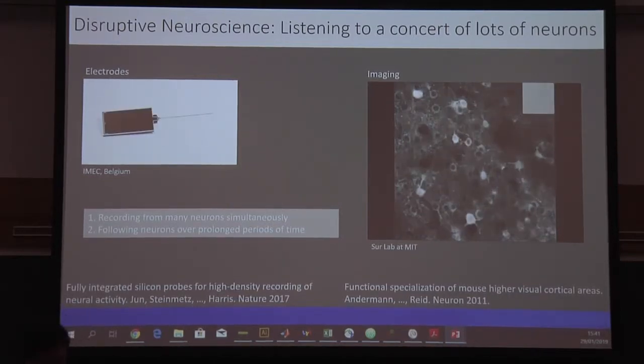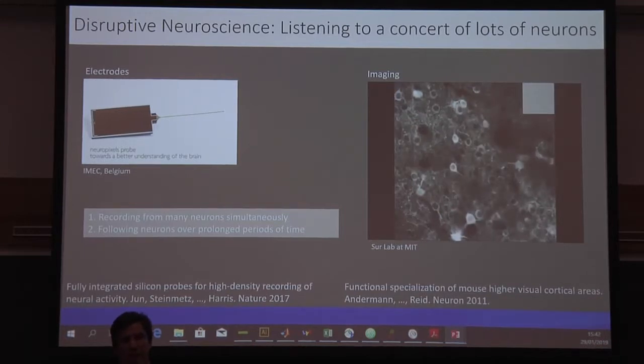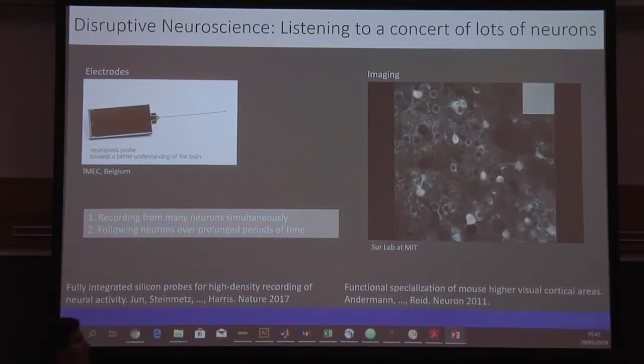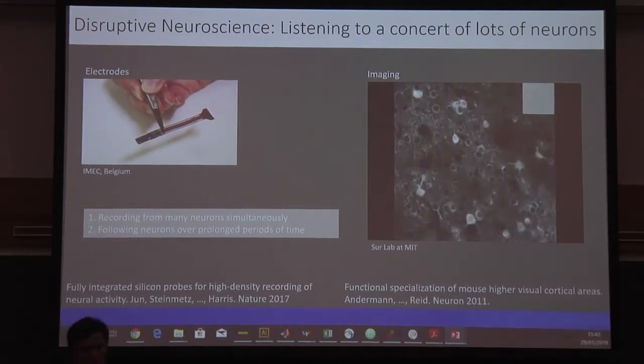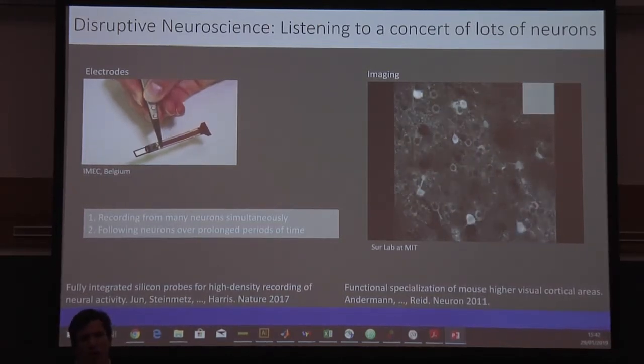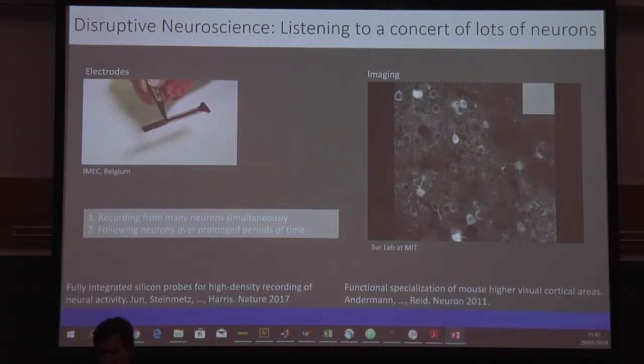One of them is through the use of printing devices and nanotechnology to build much better electrodes than ever before. So people are able to build these type of electrodes that have multiple different sensors along the electrode to be able to capture the activity of many, many types of neurons.